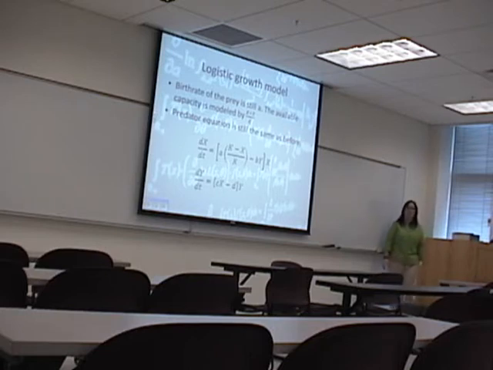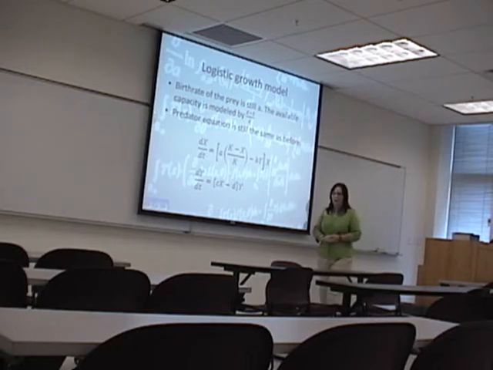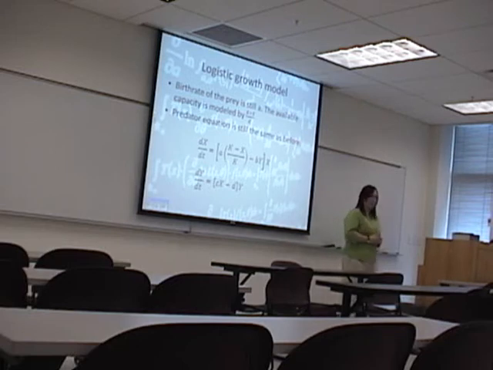The logistic growth model is essentially used to model a carrying capacity factor. The carrying capacity is simply saying, as the prey population increases, what percentage is left over for continual increase?